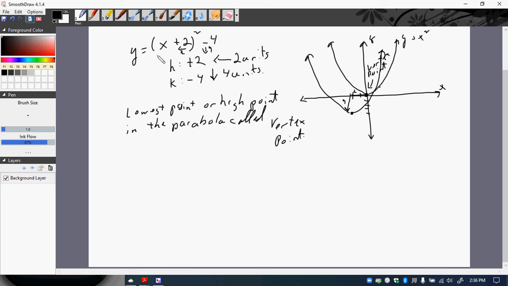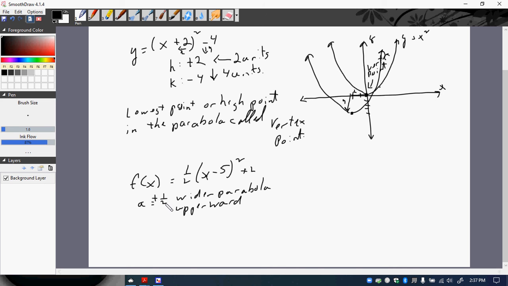If we did a different equation, like f of x equal to 1/2 times (x minus 5) squared plus 2, now we know that the a is 1/2. That means we're going to have a much wider parabola because it's a half, and since it's positive, we know that it's going upward.